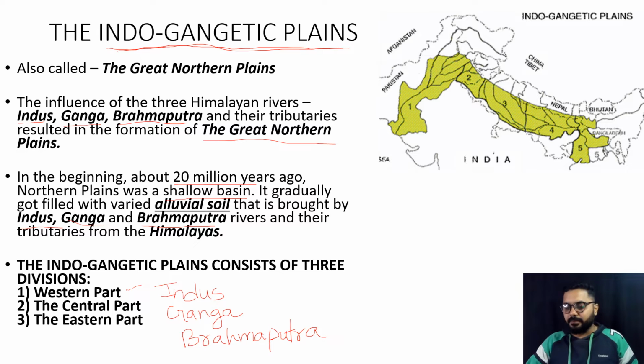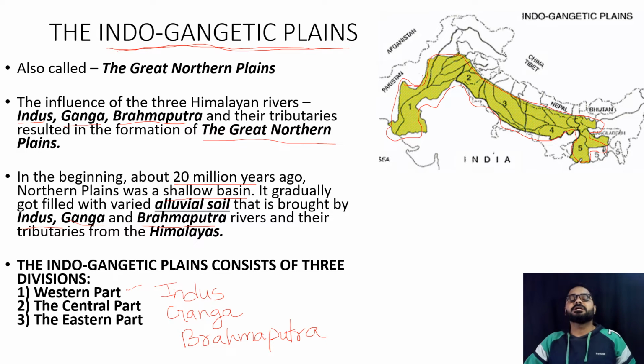So here is the map. You can see this green colored portion here. This entire green colored portion represents the Indo-Gangetic Plains. As you can see, this is a very huge land consisting of alluvial soil. If you could name some of the states, it would be some parts of Rajasthan, Punjab, Haryana, Bihar, Uttar Pradesh.